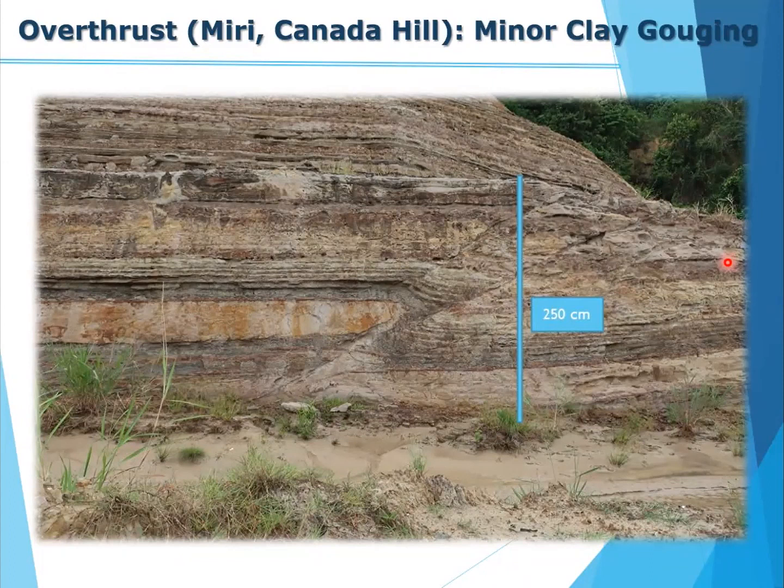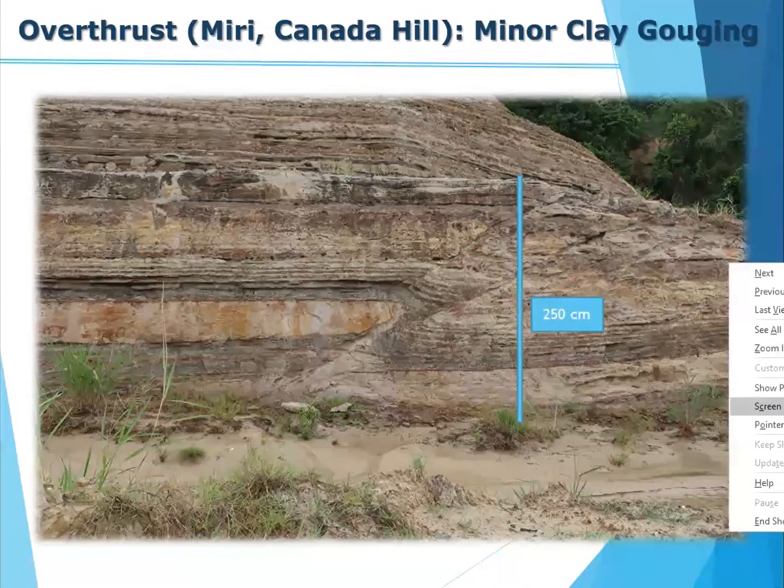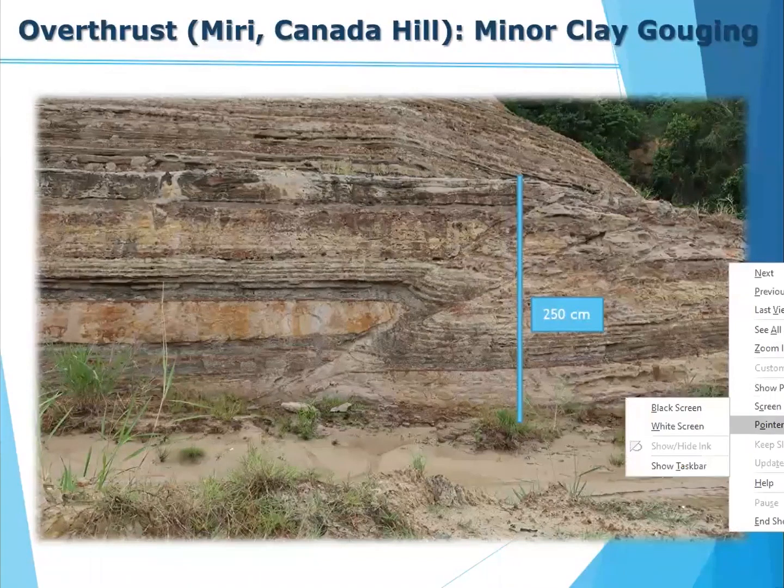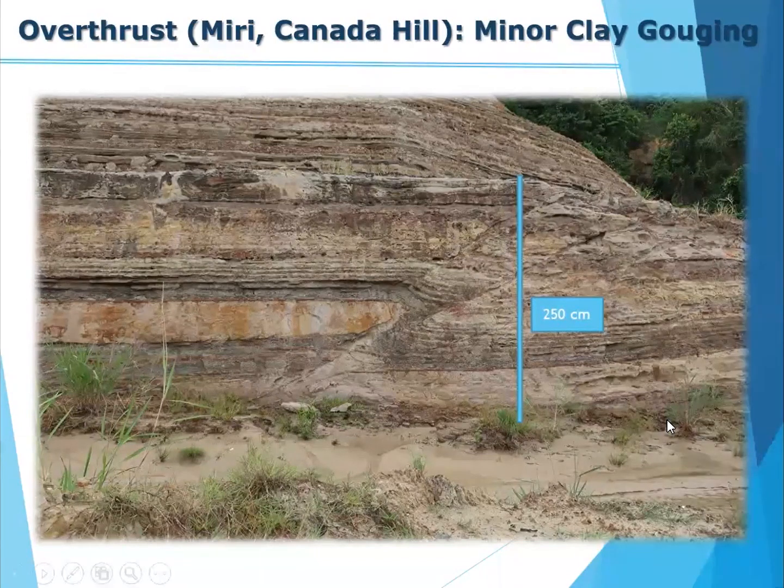Those faults here, of course, have only minor gouging, and there is a kind of an empirical relationship between the length of the fault, the width of the fault, and the width of the gouge material. It's a simple rule, but actually it works out very nicely most times.